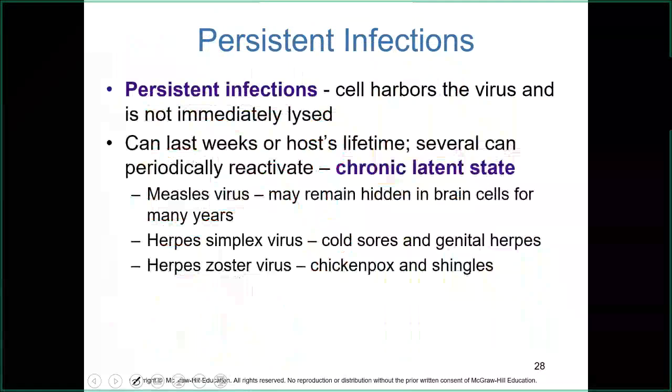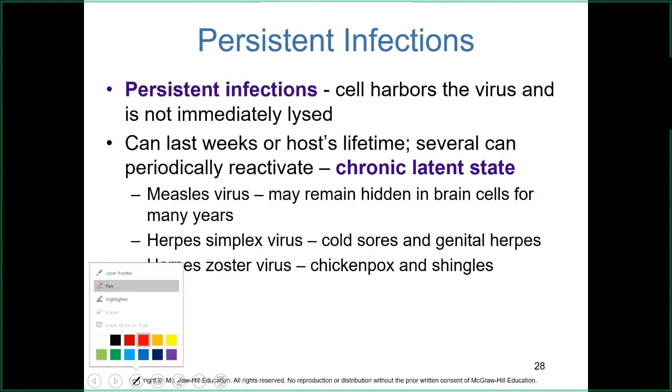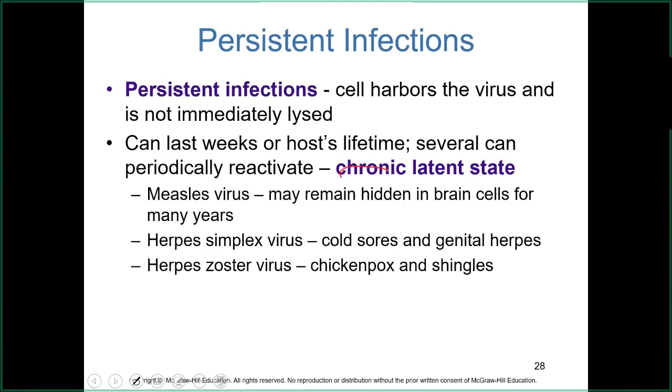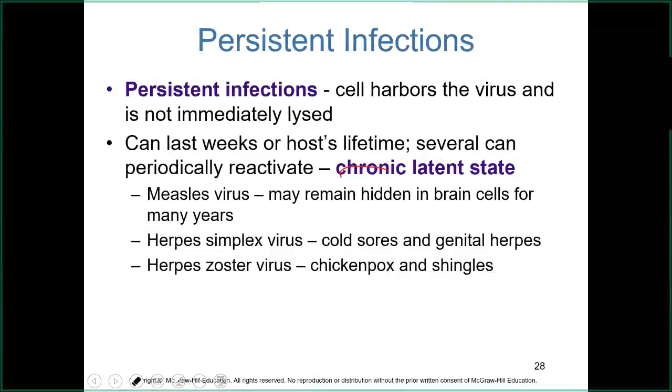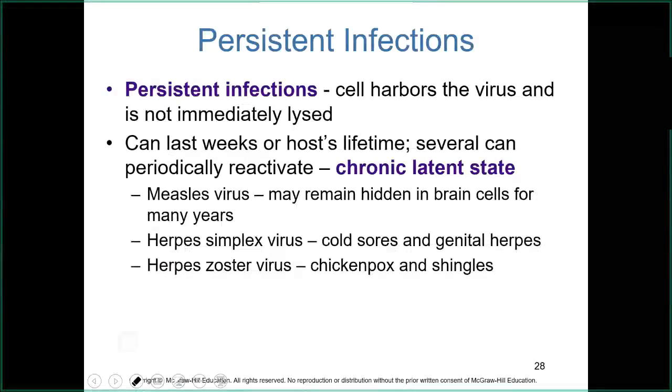Then we come to the topic of persistent infections, right? So I'm going to go ahead and make a change here right now because I don't like how they've worded this, and I always forget to take this out. But this term, let's do this. Let me take out the term chronic for now.